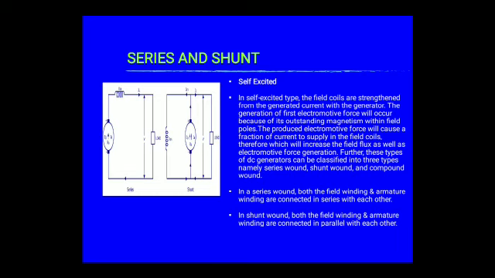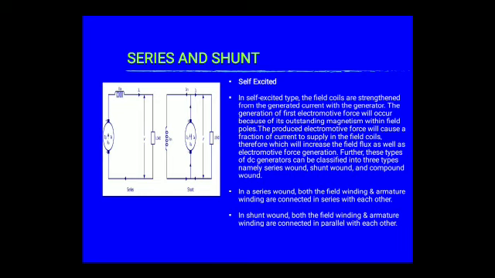The generated EMF in the armature is alternating, and this alternating current is converted into direct current with the help of the commutator, and it is supplied to the field winding in case of a series generator, and after that it is supplied to the external load circuit.